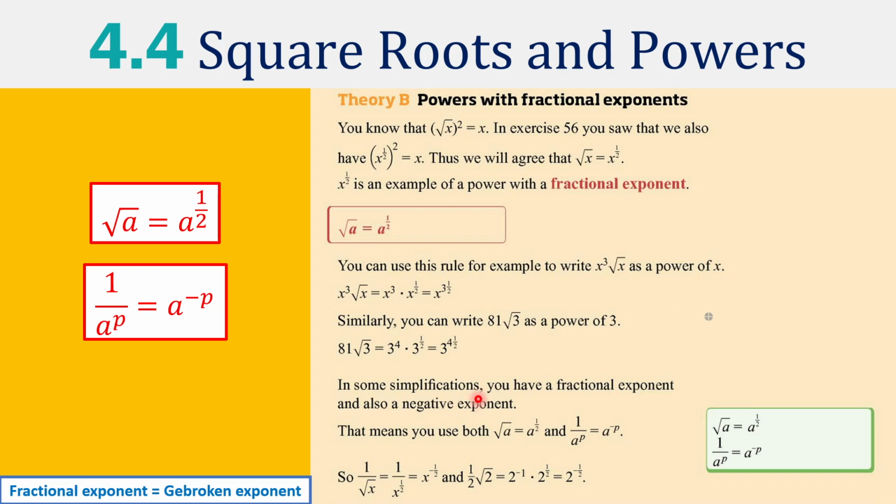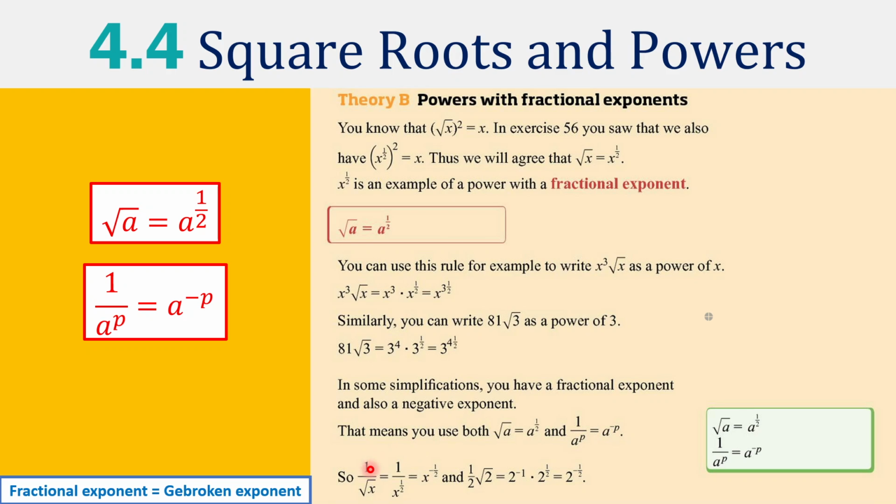In some simplifications, you have a fractional exponent and also a negative exponent. That means you use both root a equals a to the power of a half, and this is a rule that we discussed in chapter 1, 1 divided by a to the power of p is the same as a to the power of minus p.